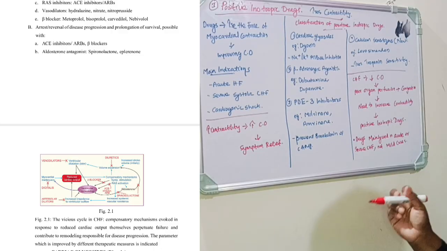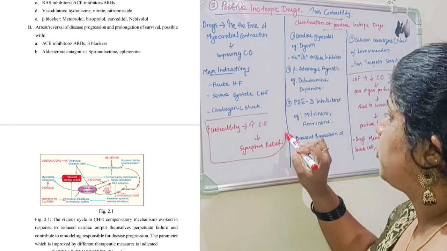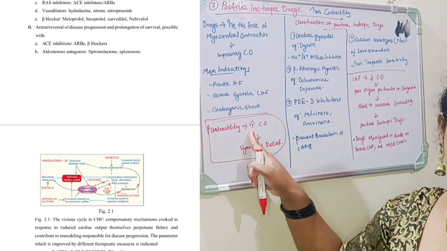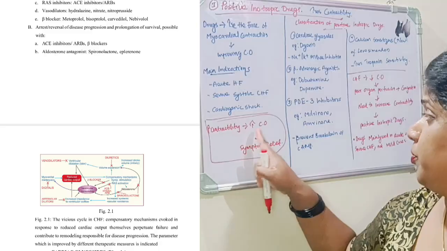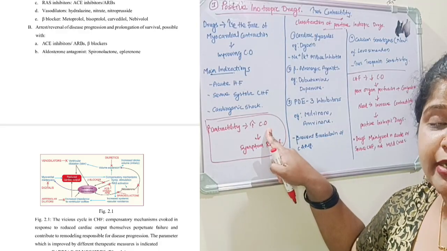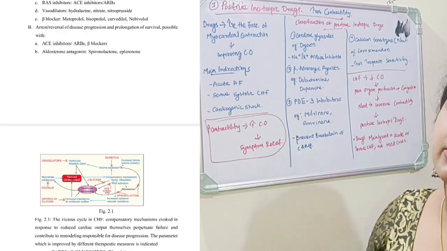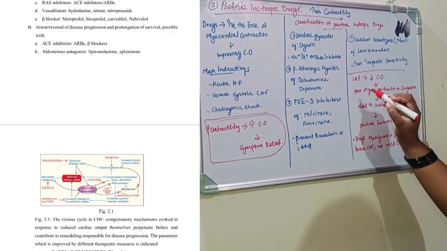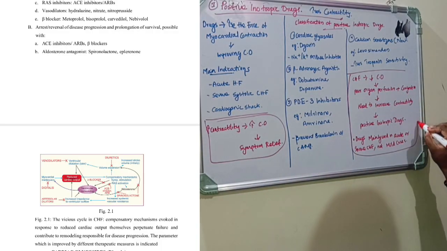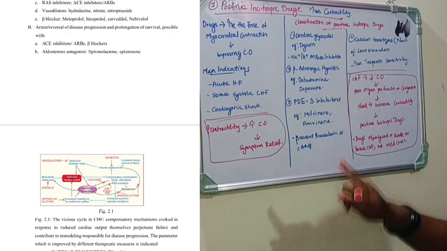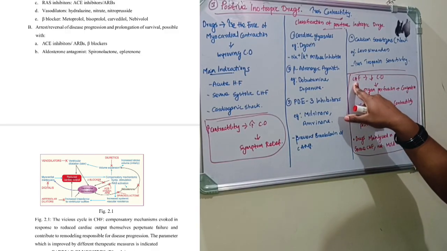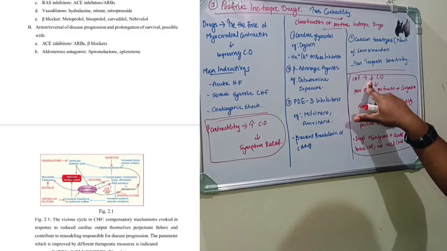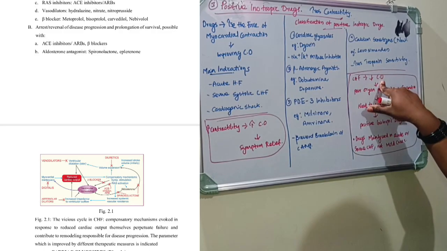The main point to remember here is that if you increase the contractility, you get increased cardiac output. If the cardiac output increases, we get symptom relief from CHF. You can remember it like this, it will be easy. CHF is a condition where your cardiac output decreases.